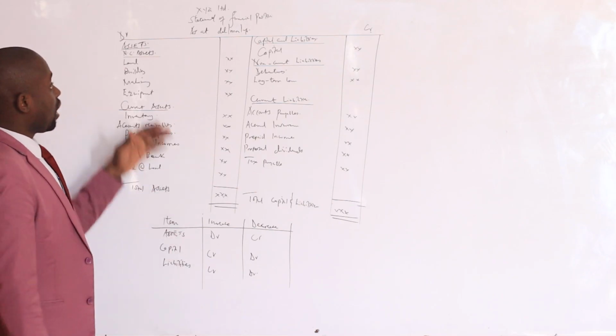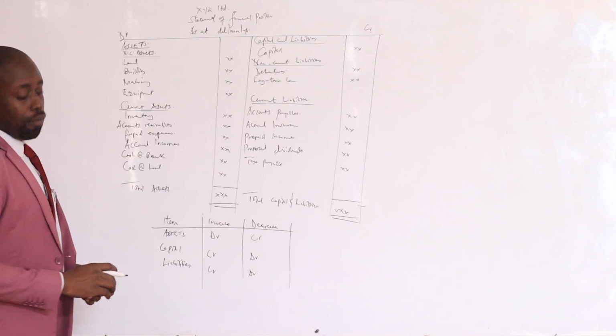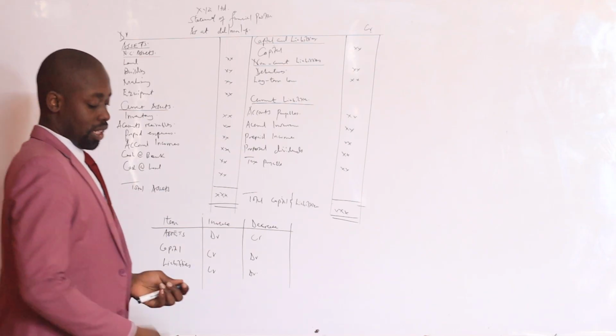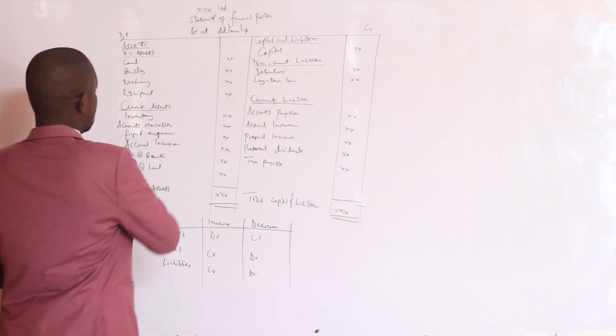That's all about the elements of the statement of financial position. We move to the next one, which is income statement or profit and loss statement.